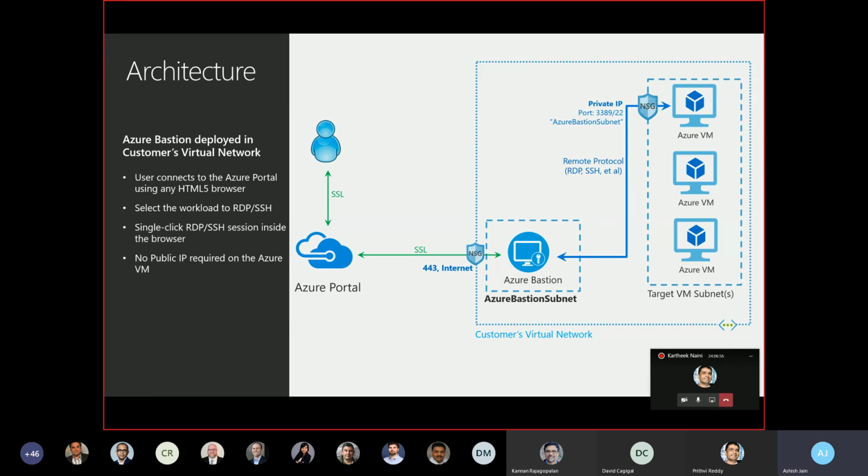So what happens is, from the portal, when you're setting up the connection, you send a connect request from the portal to Azure Bastion over port 443. This comes over the internet. Based on that request, Azure Bastion authorizes and authenticates, making sure it is the right request coming from the portal for that user identity.